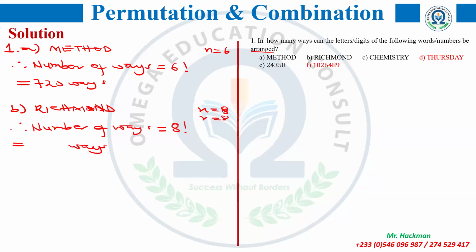Okay, so 8 factorial gives us 40,320 ways.